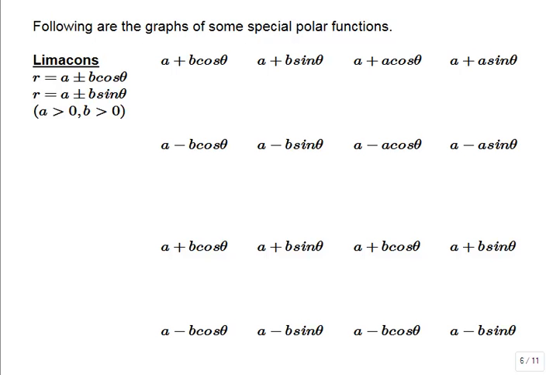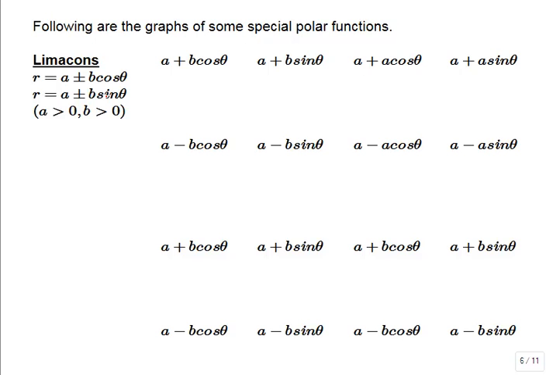So what I'm going to show you on this next page of notes is basically a summary of some of the most common types of polar graphs that you're going to see. And if you're a memorizer like I am, then you just kind of want to memorize some of the trends that we're going to see in this chart and use that to help you get your graphs of your polar functions pretty quickly.